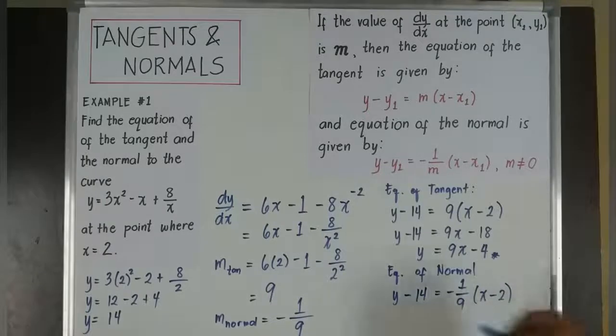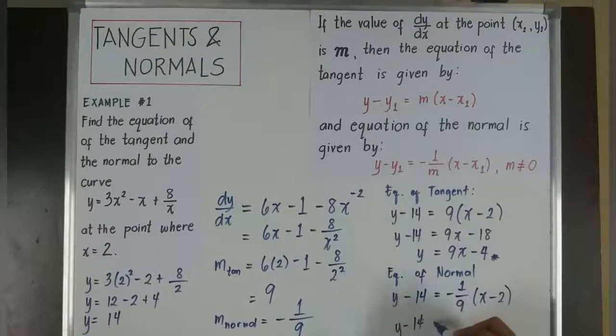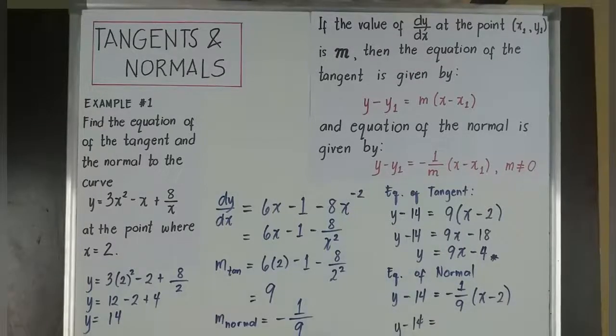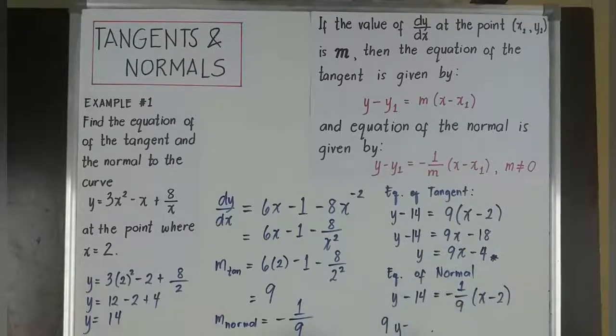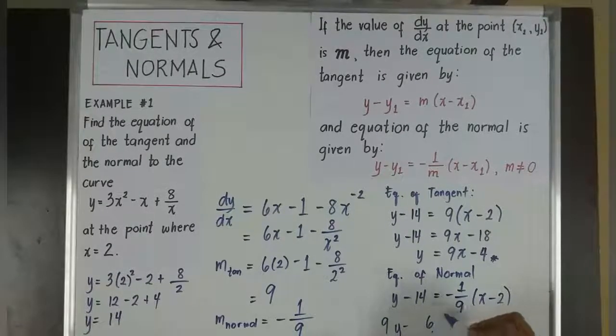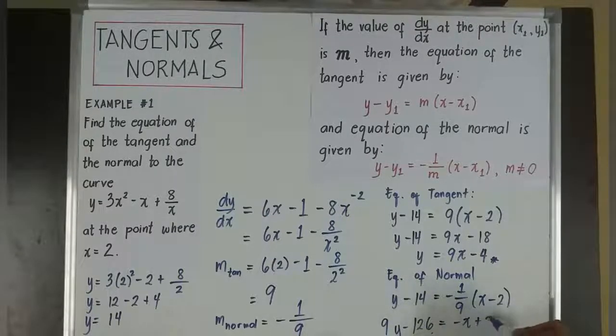Thus, I'll just multiply everything by 9. 9 times 14 is 126, equal to negative x plus 2.